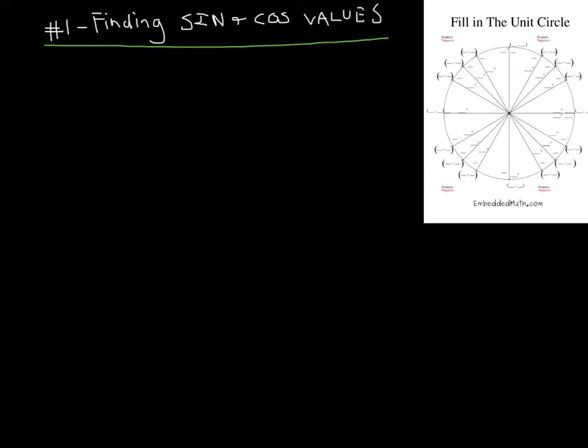First and foremost, each angle has a cosine and a sine. The cosine of theta is your x-coordinate, and the sine of theta is the y-coordinate.